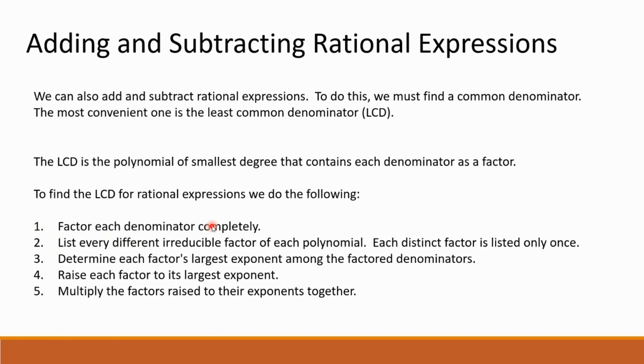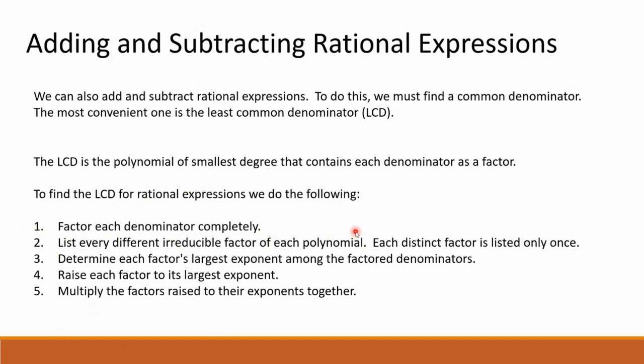You keep factoring until you can't factor anymore. You're going to list each different irreducible factor from each polynomial, and each different one only once. Sometimes the denominators could have a common factor, but you only list it once.